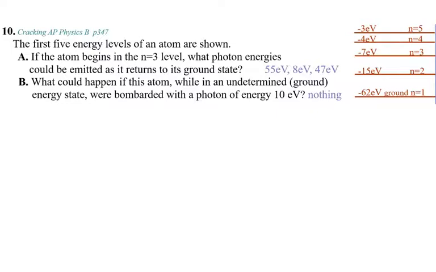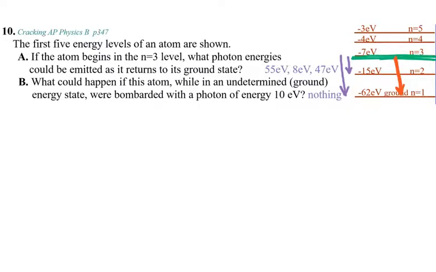So if it begins with level 3, here's level 3, they ask you what photon energies could be emitted to get to the ground state. You could go from level 3 to the second and then to the ground, or you could go straight to the ground. The energies that could be emitted are the differences between the states.